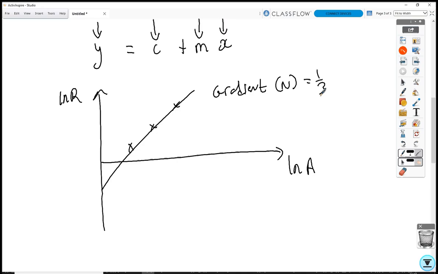And then they found the intercept, which is here, c. That's equal to ln K. And ln K is found to be ln 1.05 times 10 to the minus 15.